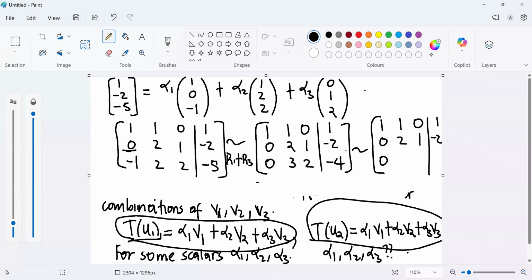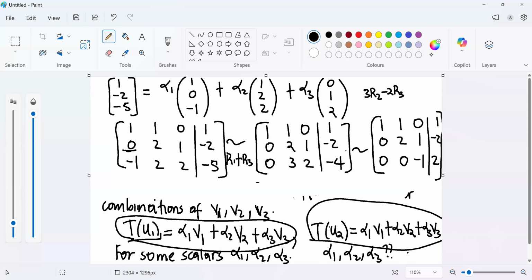I am multiplying 3R2 minus 2R3 to get the last row. 3 times R2 minus 2 times R3, this will be a 0. 3 times 2 minus 2 times 2 will be a -1. 3 times -2 is -6, minus 2 times -2 gives plus 4... that's what I'm getting.